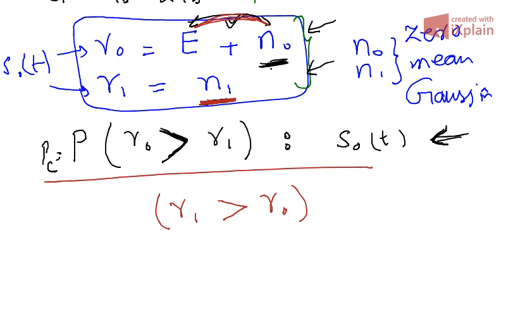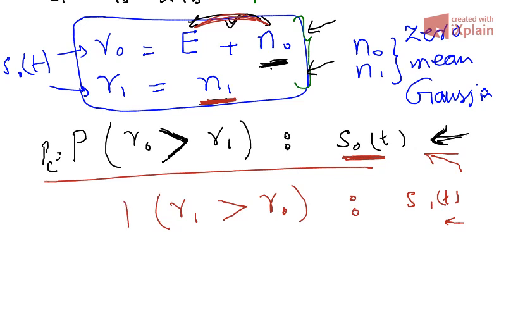Still, if it happens that R1 is greater than R0 and the transmitter has actually transmitted S0(t), the receiver would say that S1 is transmitted, and actually the transmitter has transmitted S0. So the receiver said that S1 is received. So this is a wrong decision.